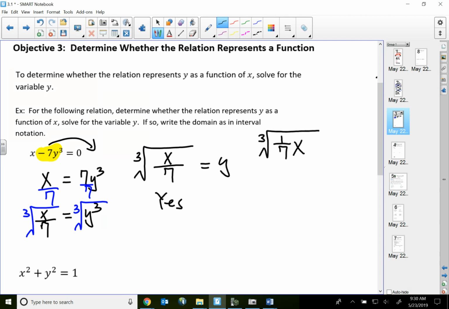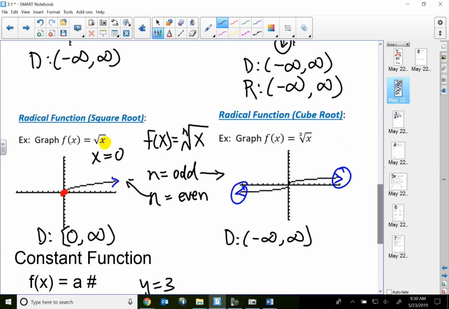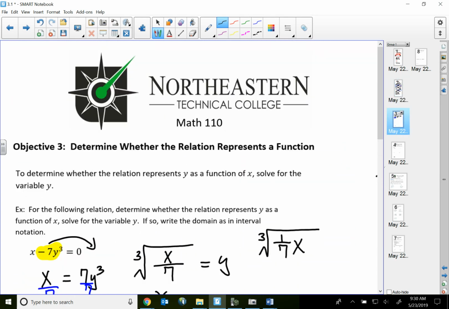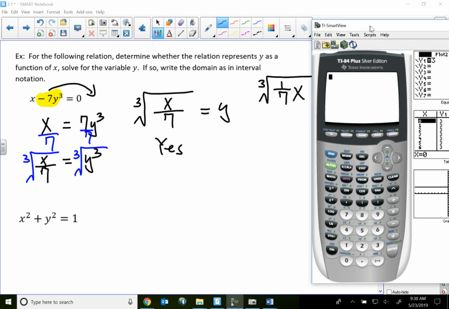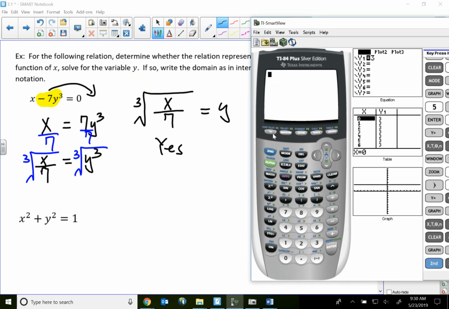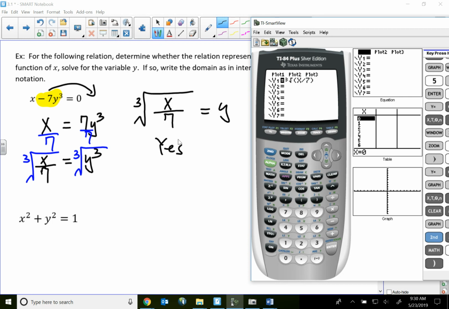So what is my domain? If it's a cube root function, it should look something like this. I'm going to graph it just to see exactly what this looks like, so I can write down my domain. I'm going to go to y equals, press math, number 4, cube root of x over 7, close parenthesis, because x over 7 is inside the cube root, and graph it.